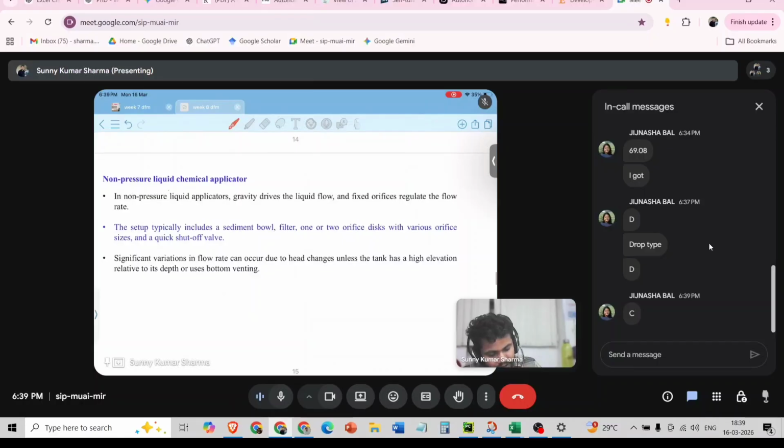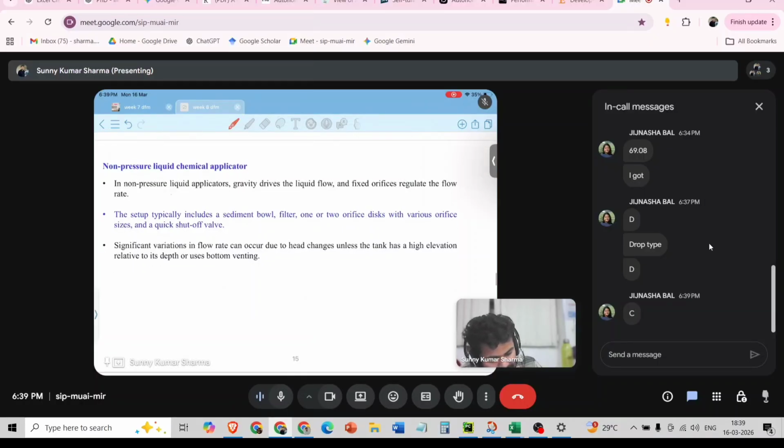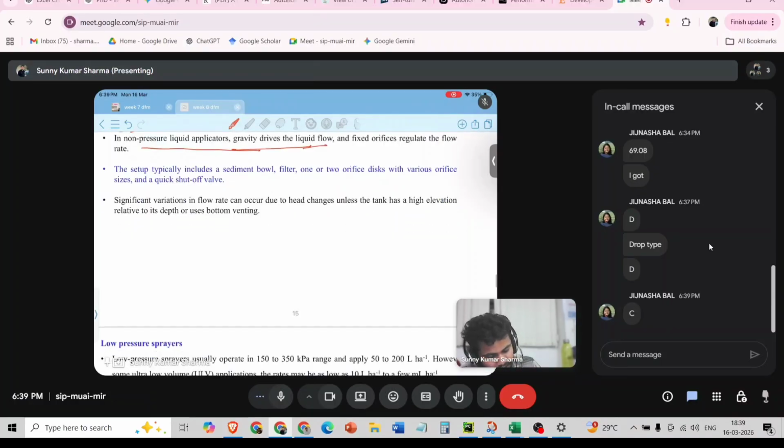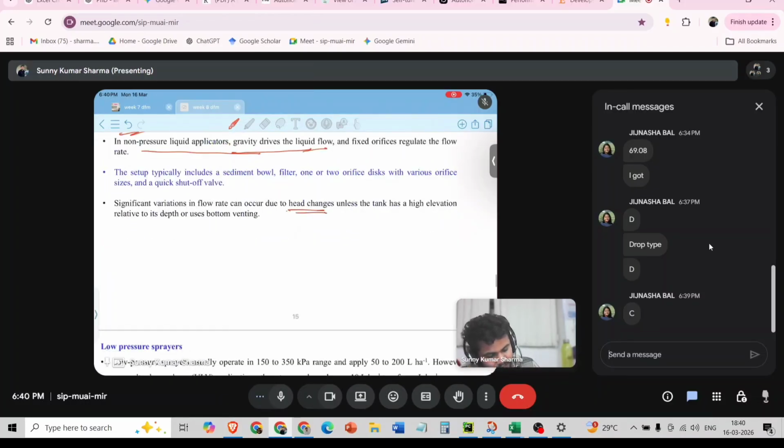And for non-pressure liquid chemical applicator, the gravity drives the liquid flow when it is non-pressure liquid, and it depends on head change. If there is more head change, then more liquid will flow.